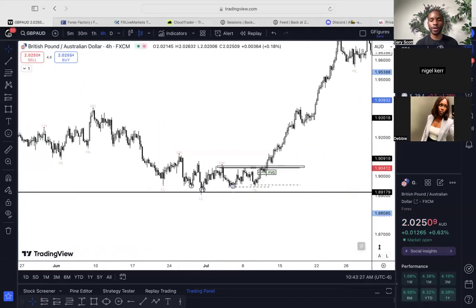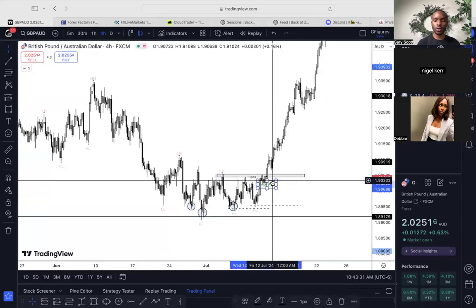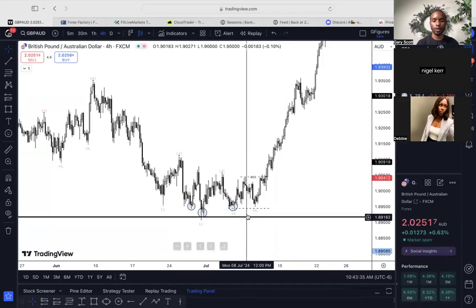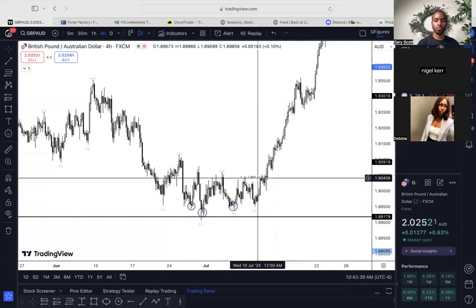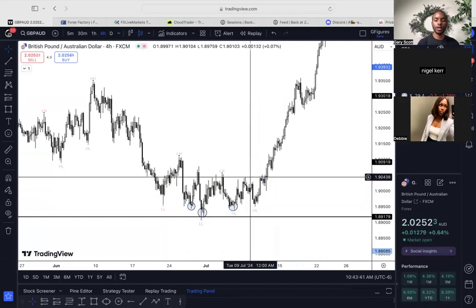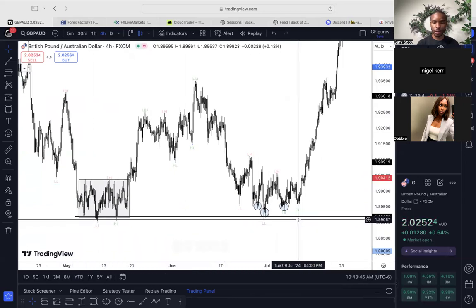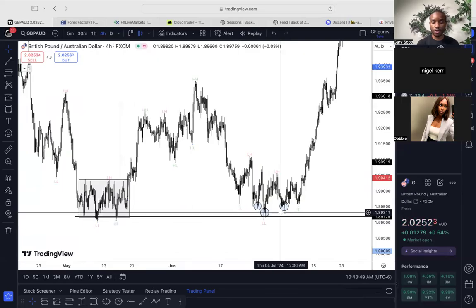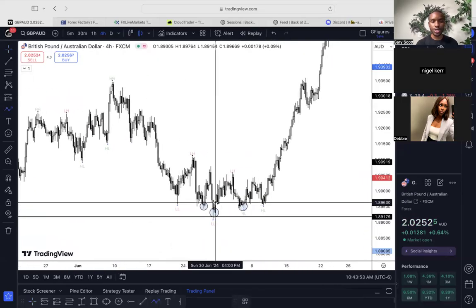Let's slide over here, and let me delete this setup for a minute. I just want you guys to take a look at this. Obviously, this level of structure was being respected. It respected it once, twice, three times, and even a fourth time over here.